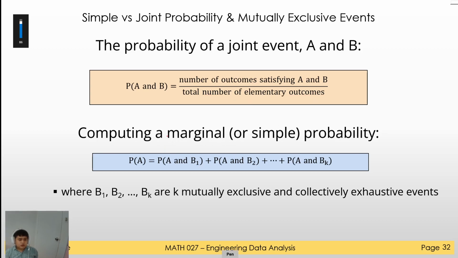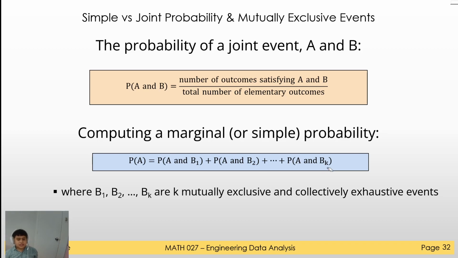And then for computing the simple or marginal probability, we have this, assuming that this B event here are mutually exclusive and collectively exhaustive events.